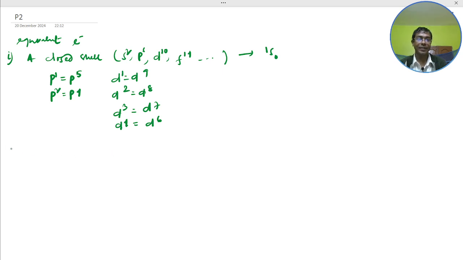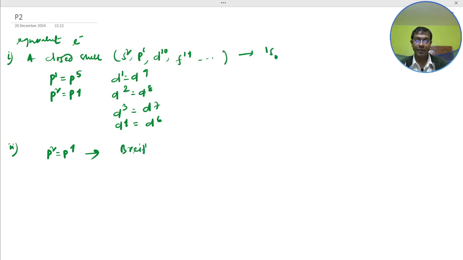And second one, the p2, p4 can be determined, this is equivalent energy and this is determined by the Pauli scheme.